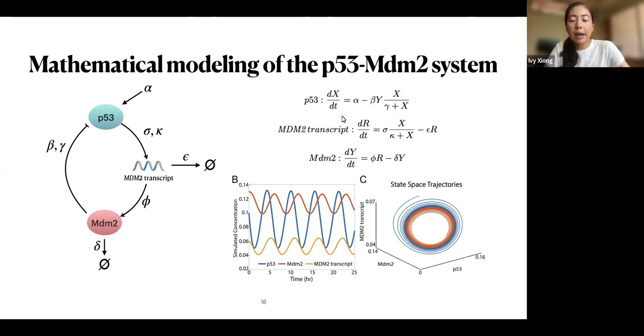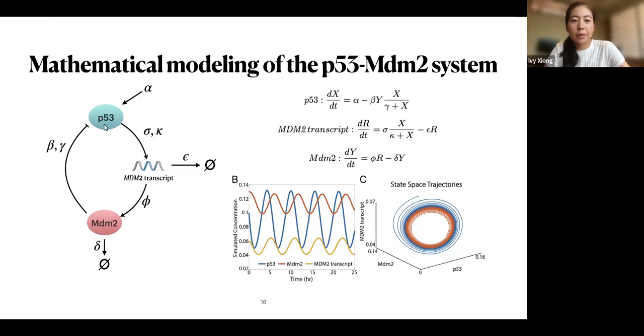Here I have a 3-variable ODE model, where the 3 variables quantify P53 protein levels, MDM2 transcript, and MDM2 protein levels. This is the same negative feedback loop, having time delay built in through transcription and translation. This simple mathematical model recapitulates a few of the biophysical features of this circuit.